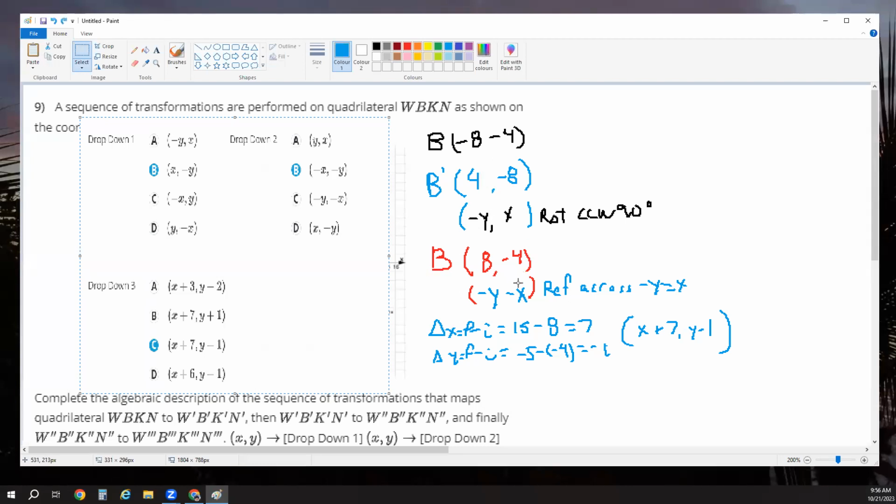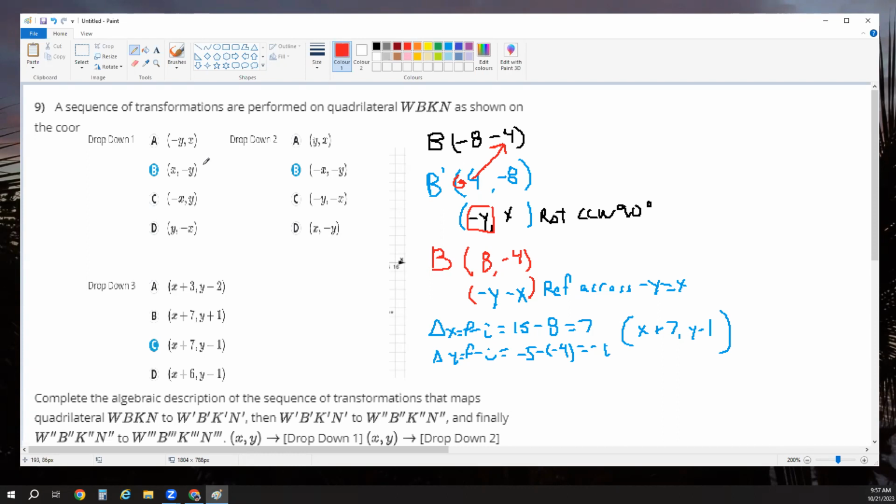Okay, and your negative y negative x, and then your x plus 1, x minus 1. Yeah, so there's a mistake right there. Oh, wait a minute.